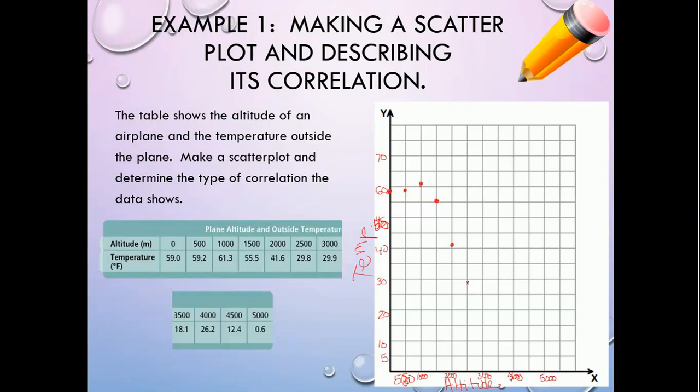That's a pretty big drop there. 3,000 is 29.9. 3,500 is 18.1, even a bigger drop.